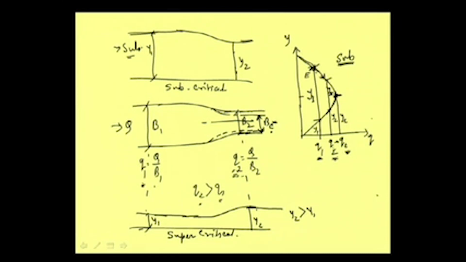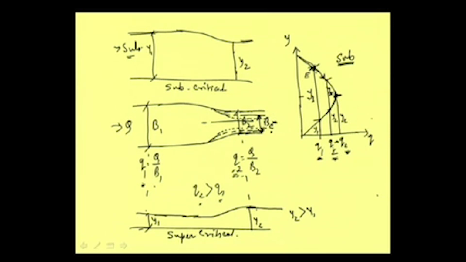Fine. Now, the point is that, well, we can get critical depth by reducing it to a certain width, but if we reduce our width beyond that value, what will happen? Suppose we are reducing it further. Now, beyond BC, if we reduce, what will happen?